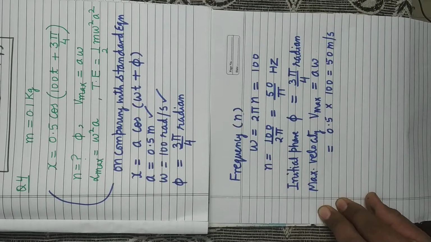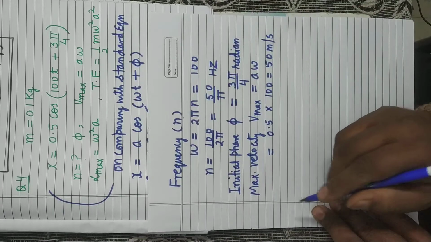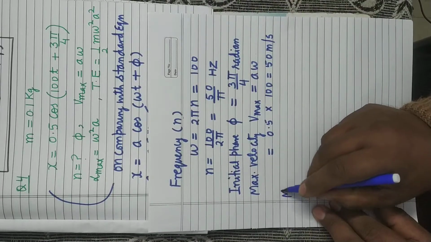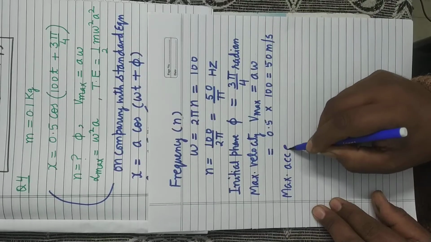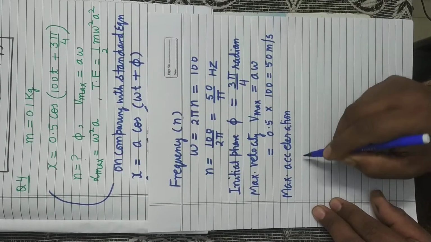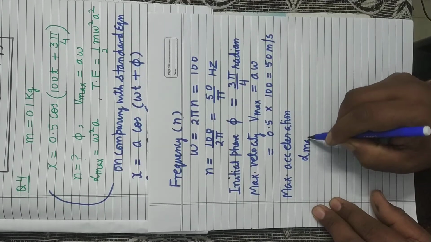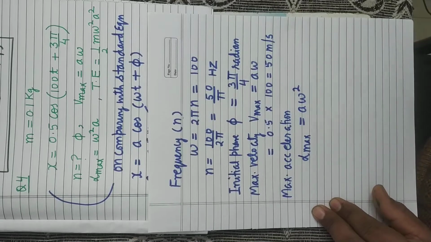Now after this you have to find the maximum acceleration. The formula for maximum acceleration is alpha max equals a omega square.